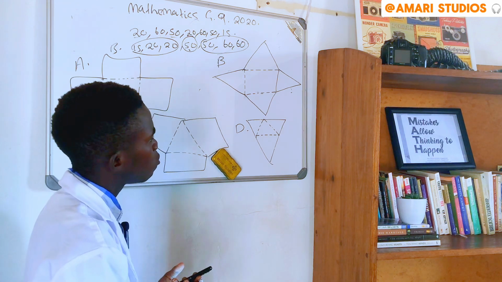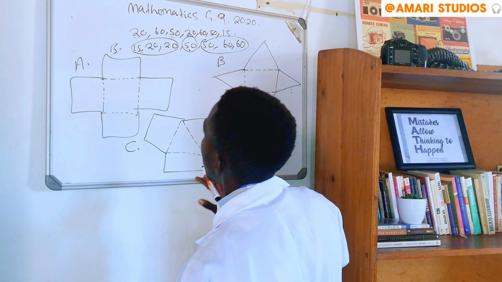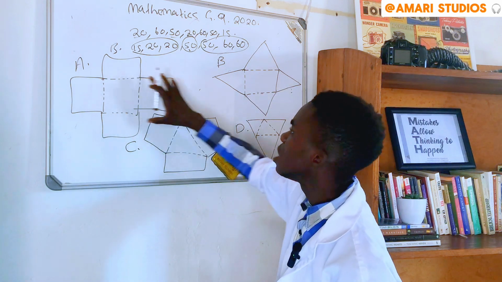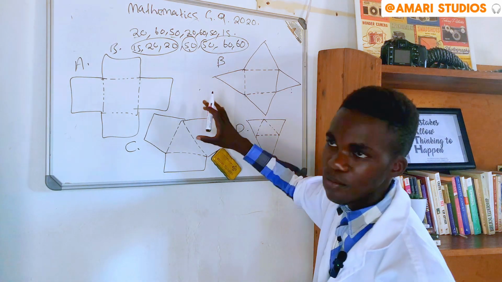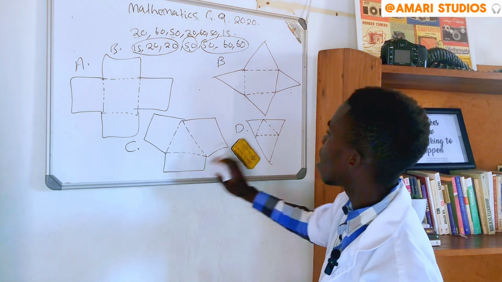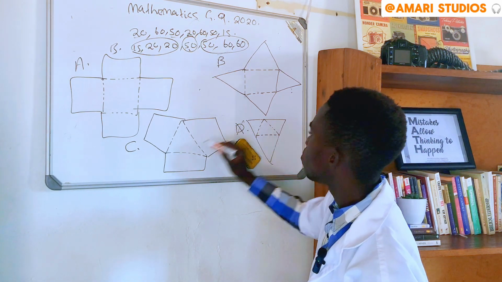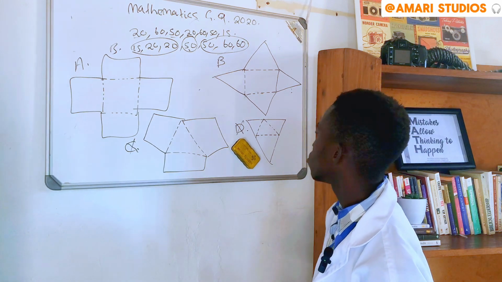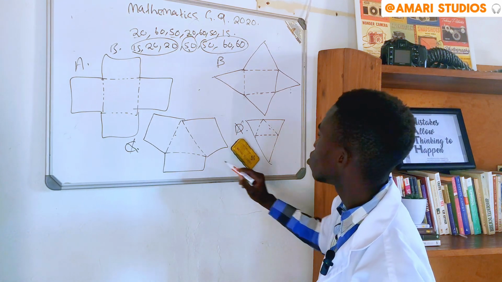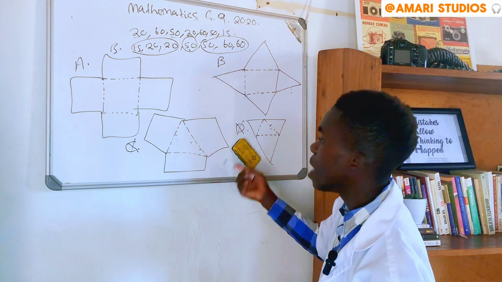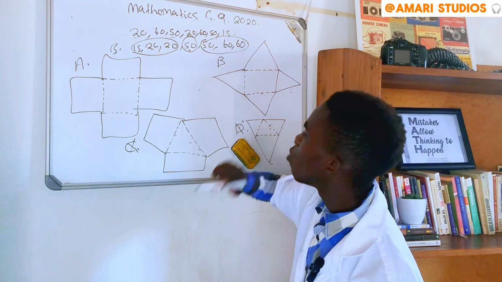What you are supposed to do is look for a net which has a square in the middle, because the middle is representing the base of the pyramid. Option C and option D are going to be cancelled because those are not correct answers. On their middle we have a triangle, meaning that these were triangular based. Then we have option A and option B left.